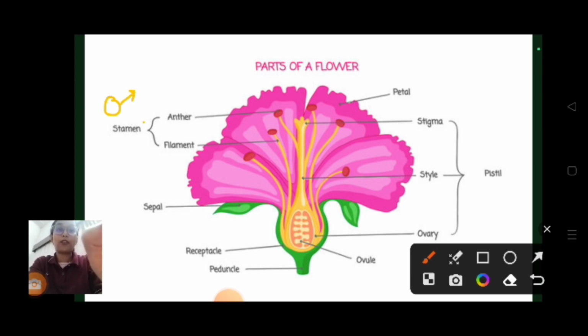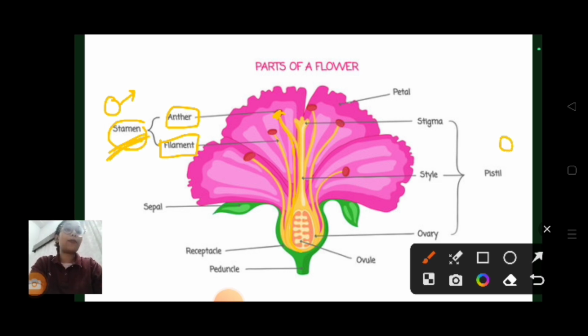The stamen is the male reproductive system, which has the anther and the filament. This is the anther, which will produce the pollen grains, and which is attached to the flower with a filament. This is the male reproductive system, the stamen.